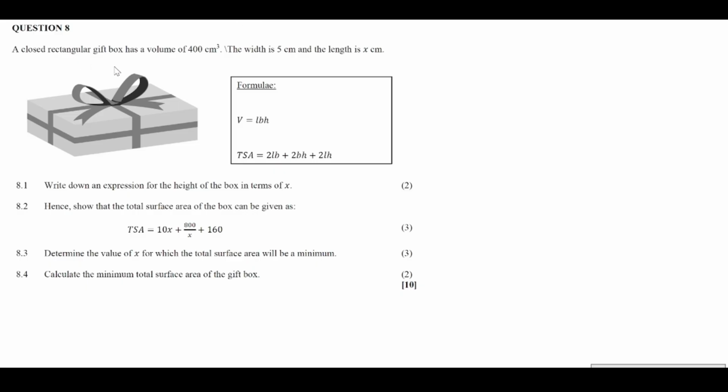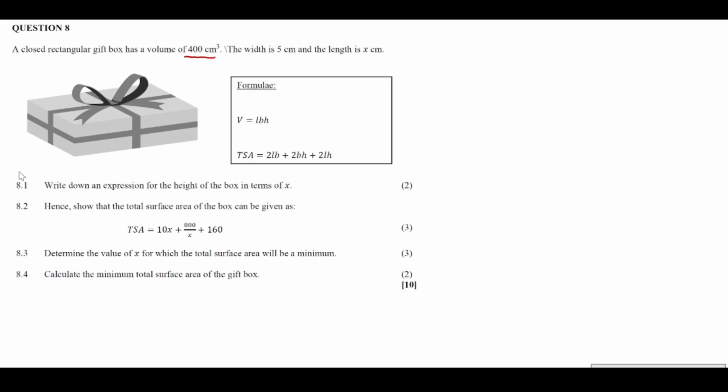We have a closed rectangular gift box that has a volume of 400 cm³. The width is 5 and the length is 8 centimeters. So what I'm going to do here is put the labels.